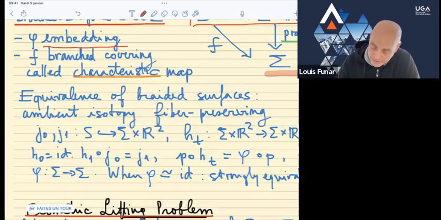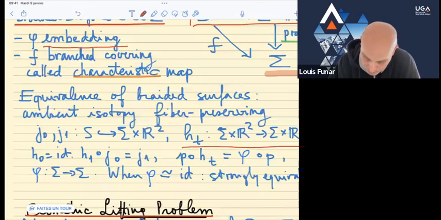Then we need to find some isotopy HT of the ambient space sigma cross R2, such that H0 is the identity, H1 composed with J0 is J1, and it is fiber preserving, meaning that the projection composed with HT is some map phi composed with P, where phi going from sigma to sigma is a homeomorphism or a diffeomorphism, depending on the category we want.